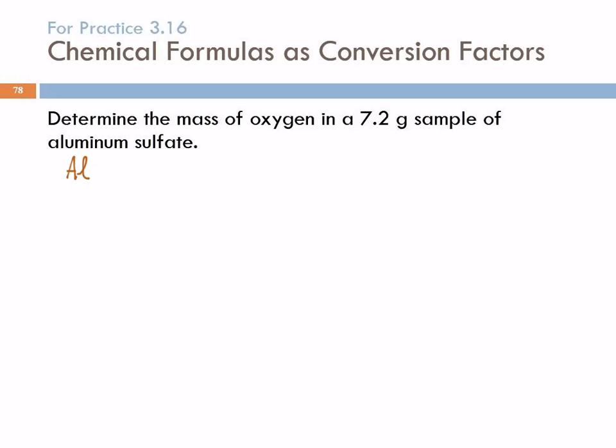What's the charge on aluminum ion? 3 plus. What's the formula for sulfate? SO4, 2 minus. So then we have to put those 2 together. We're going to need 2 aluminums and 3 sulfate ions. And if you need help with that part, please come see me individually.